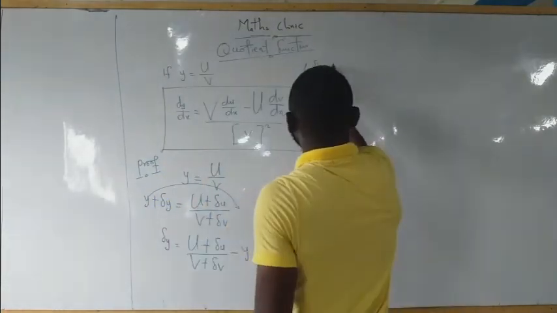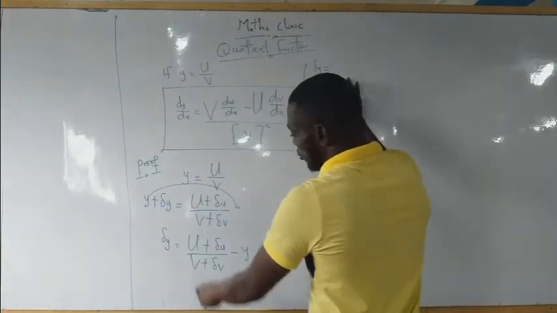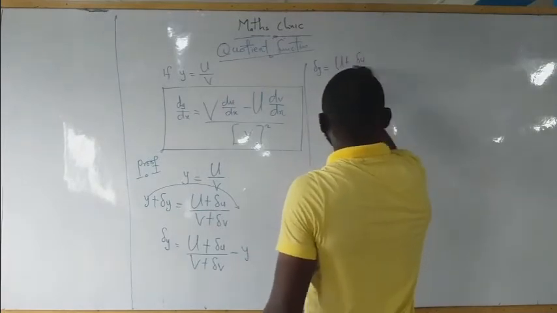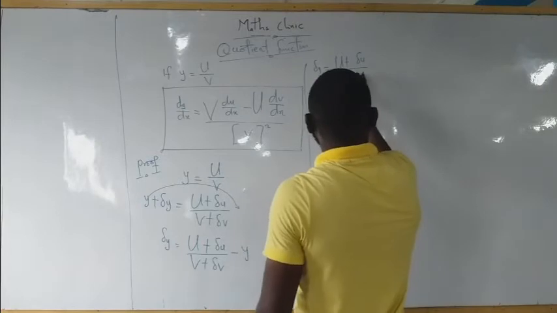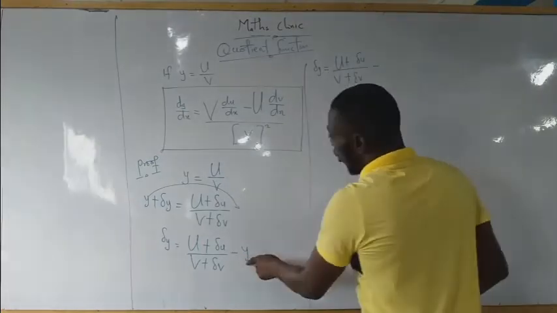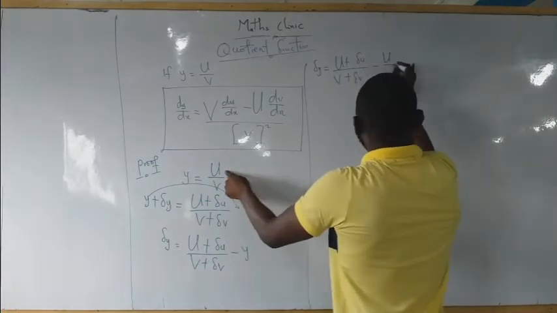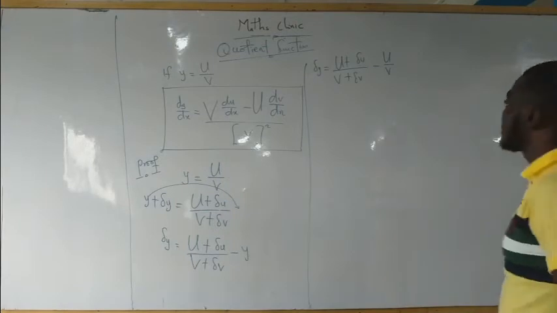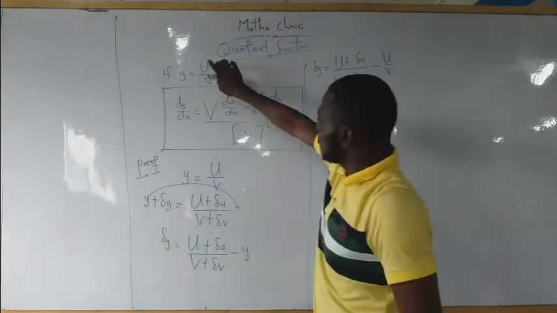So now dy, that's the change in y, equals u plus du upon v plus dv, minus y. Y is u upon v.